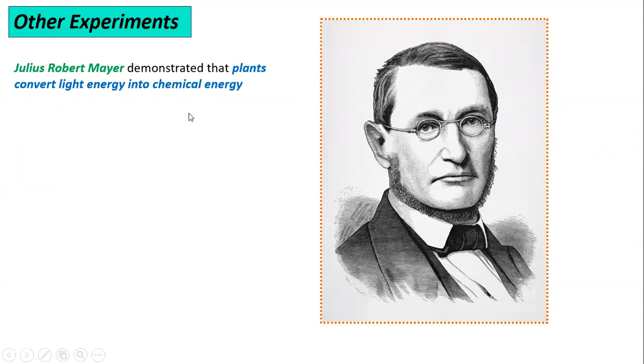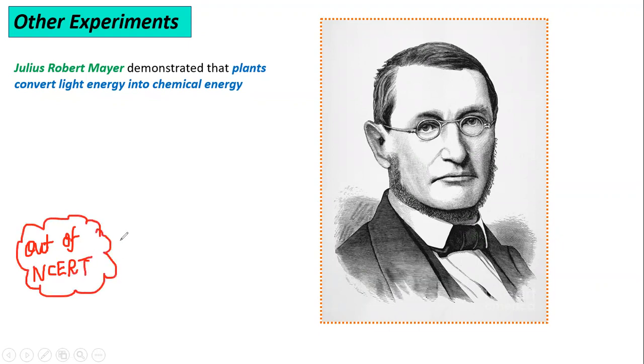Okay. Next is Julius Robert Mayer. This is again not in your NCERT, it's out of NCERT. But sometimes you might have a doubt. As I told you, every part of the photosynthesis definition has been cleared with the help of various experiments.